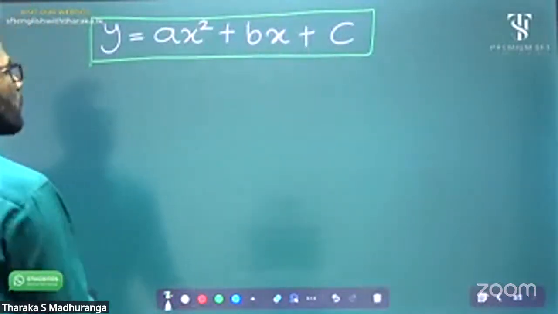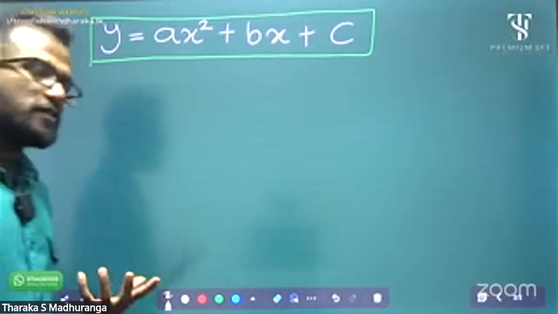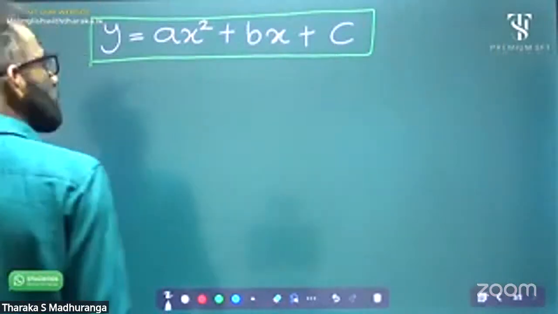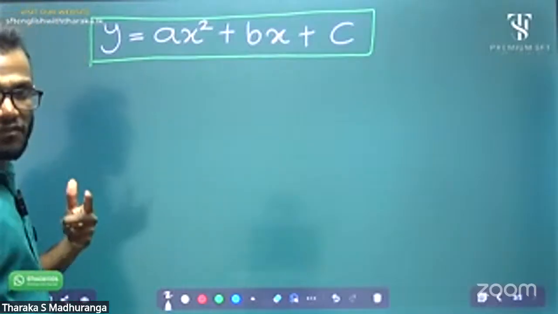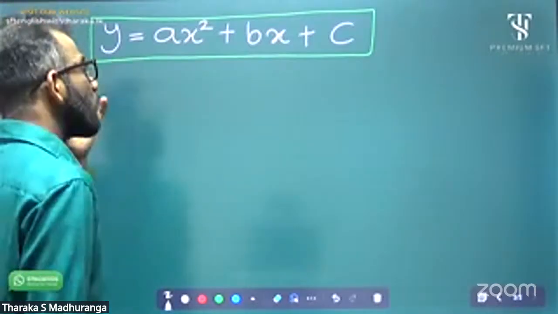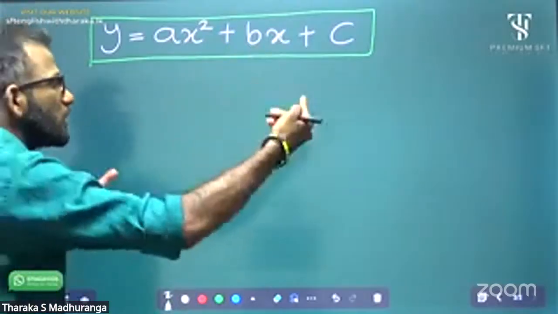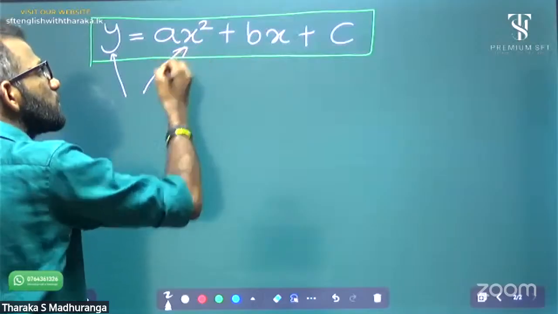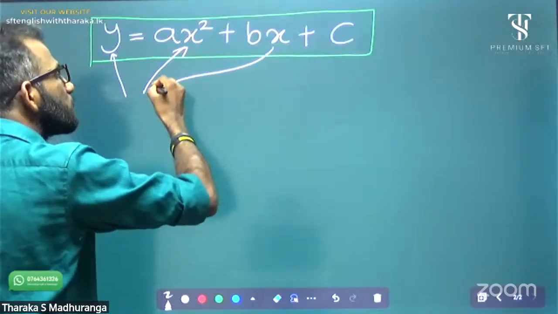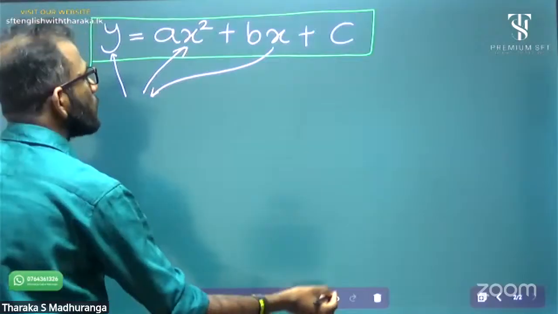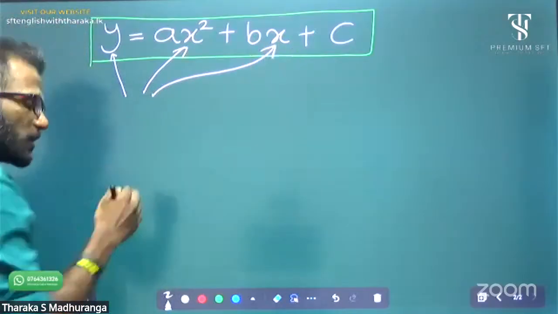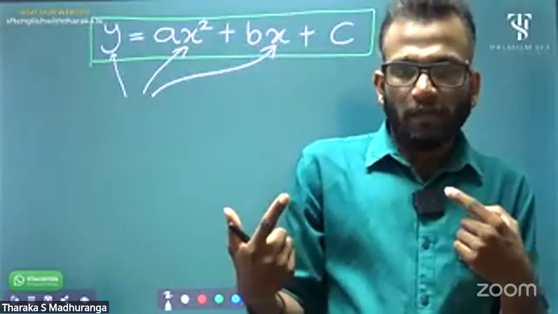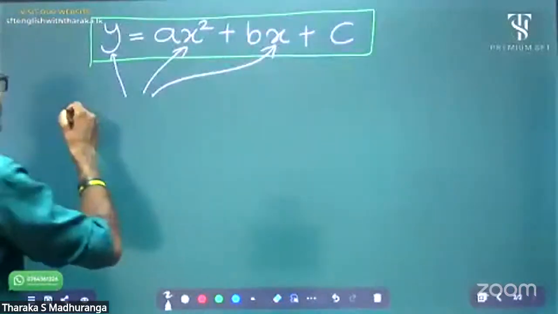Same as our previous linear function equation y equals mx plus c, here y, x squared and x are all variables. Remember, they are all variables. Point to point, these x and y values will change.